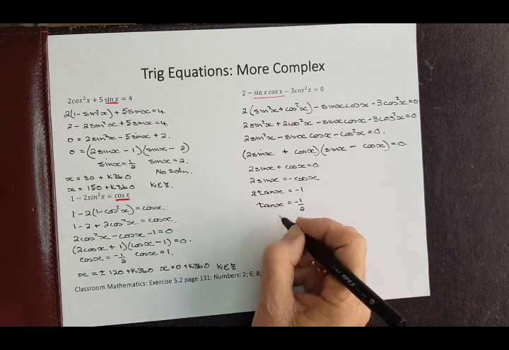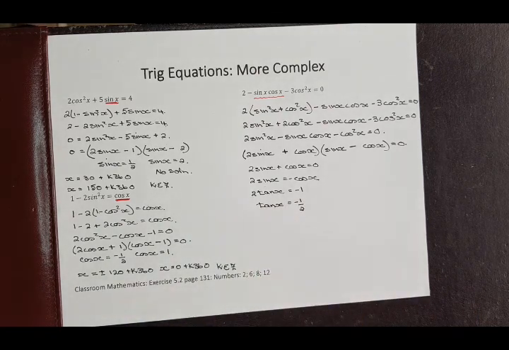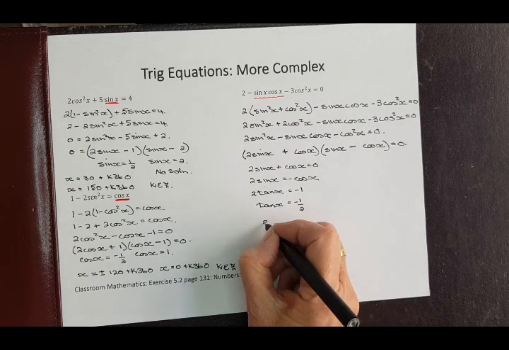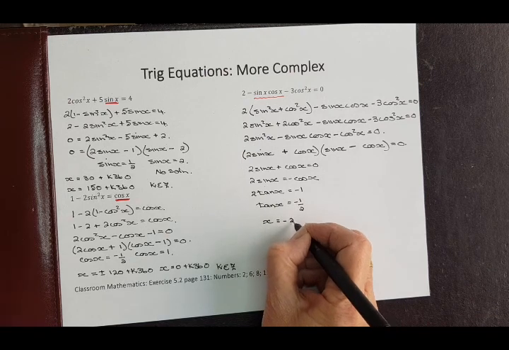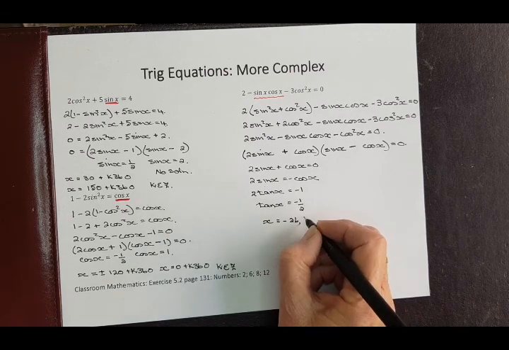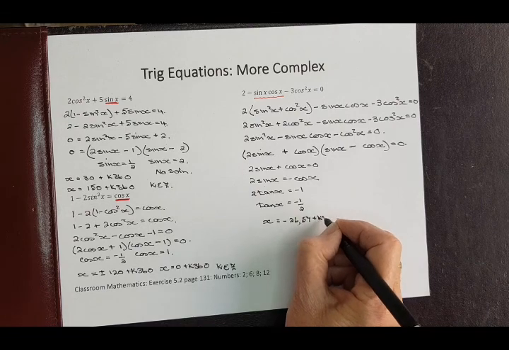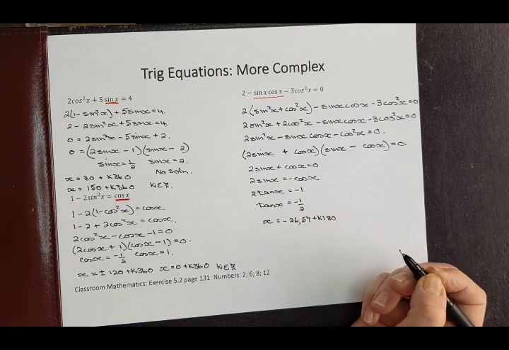When I solve that, arctan of minus a half, that is not a special angle, so I need to work it out. Arctan of minus a half is going to be minus 26,57 plus k 180.